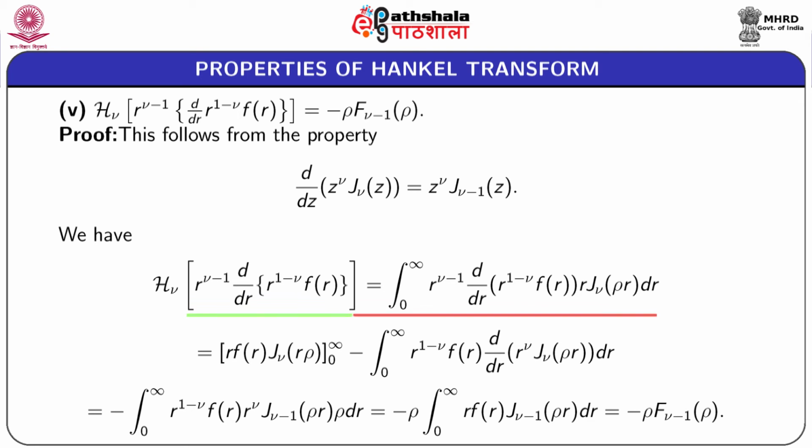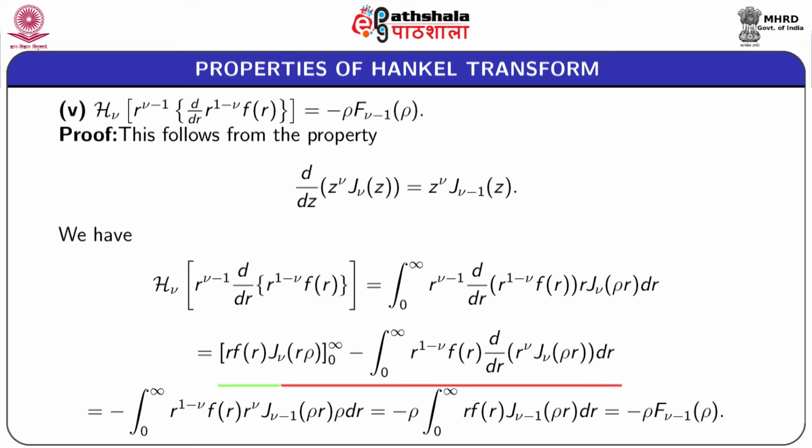This is written as integral from 0 to infinity r to the power nu minus 1 d/dr of r to the power 1 minus nu f(r) into r J_nu(rho r) dr. We integrate this by parts and we obtain r f(r) J_nu(rho r) from 0 to infinity minus integral from 0 to infinity r to the power 1 minus nu f(r) d/dr of r to the power nu J_nu(rho r) dr. Now, here we apply the property of Bessel function given by this expression, considering that the first term is 0 from the property of Hankel transform.